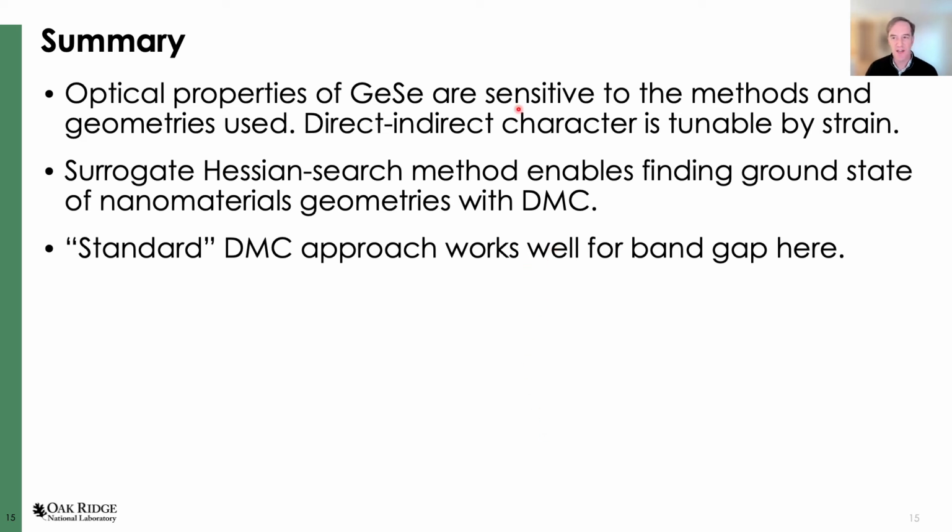So, just to summarize this piece, we've learned that the optical properties of germanium selenide are both sensitive to the methods and the geometries, and the character of the optical properties in this material are very much tunable by small amounts of strain. We've also developed this method to optimize geometries that we can apply within diffusion Monte Carlo. And generally, we can also see that the standard diffusion Monte Carlo approach is working well here. And this is the point we're actually going to come back to shortly.